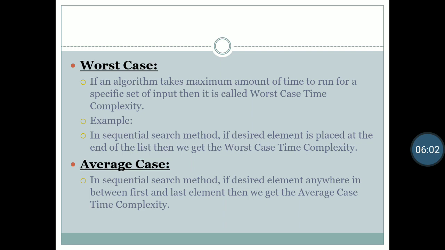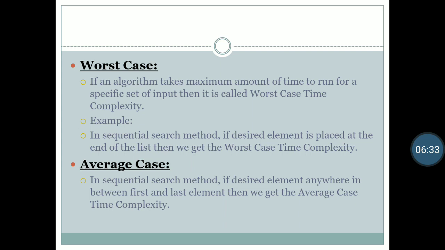We have an example. We all have seen the movie Three Idiots. In the Three Idiots movie, there is a scene in which a result is displayed on the notice board. If we find our name in the result on the notice board, and the name of the person is at the last in the list, that will be a worst case.